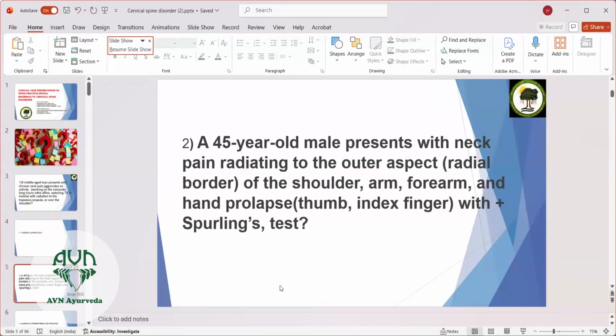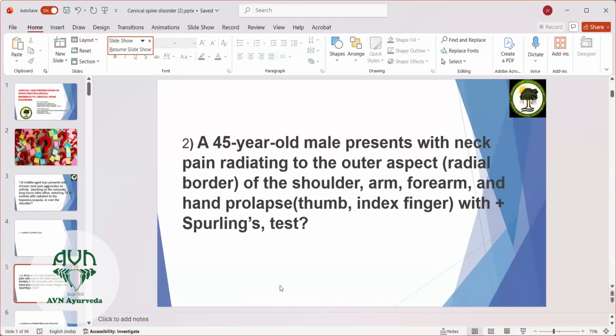The second case, a 45-year-old man presents with neck pain radiating to the outer aspect of the shoulder, arm, forearm, and hand with Spurling's test positive. The outer aspect of the arm usually affects the nerve roots C5, C6, and C7.